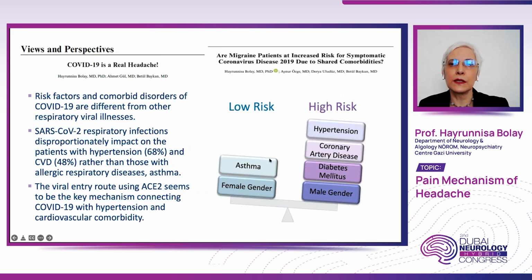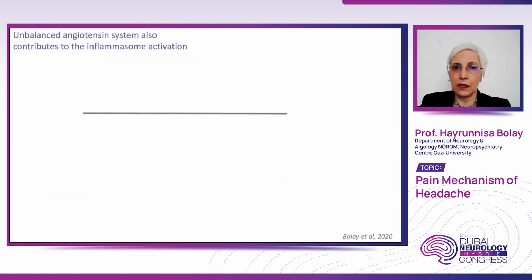And we know all these factors are also risk factors for migraine patients. But what connects these comorbidities and risk factors? ACE2 seems to be the main mechanism connecting these comorbidities with COVID-19.